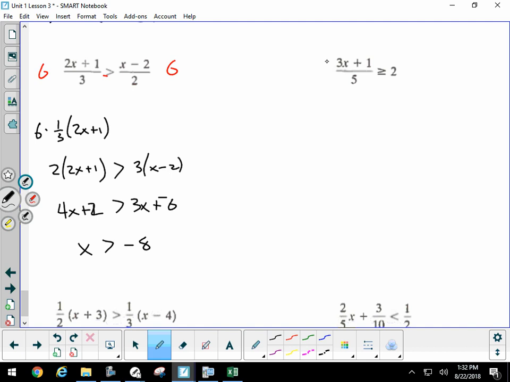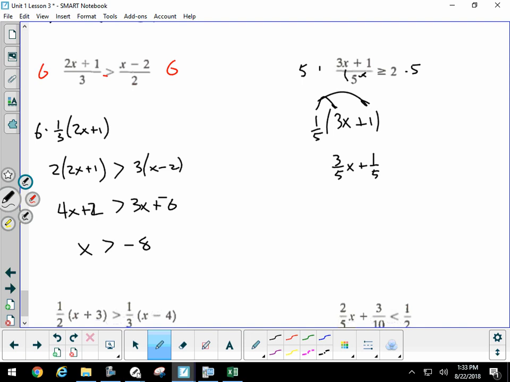This guy, I can just get rid of the 5 right away, multiply both sides by 5. In this situation, you cannot undo this 1 that's being added because of this division. It's really kind of captured things. If you'd like to, you could write this as 1/5 times 3x plus 1. And if you'd like to distribute this 1/5 in and make it 3/5 x plus 1/5, it's the same as dividing every term by the 5.